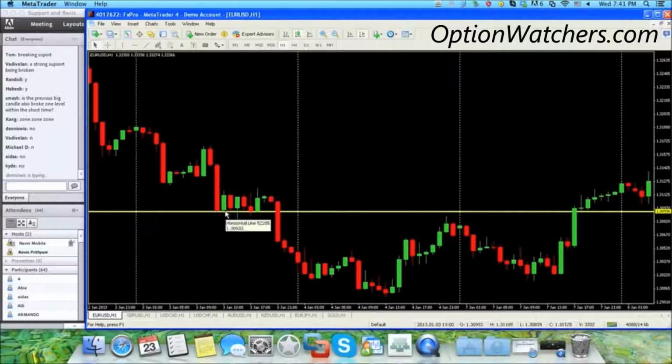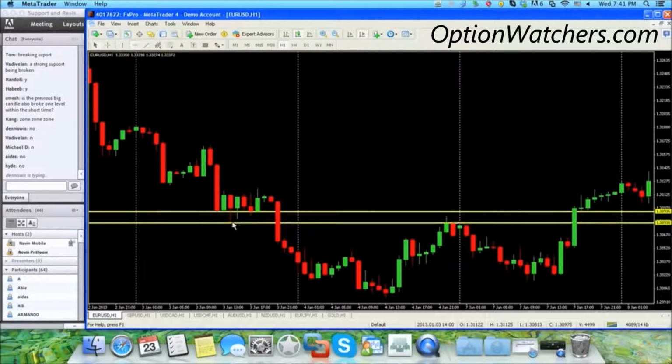Now, if I draw my line here, and I also consider the tail, did this big candle break through both these levels? Yes. When time comes into the near future, did this level here hold the market in?